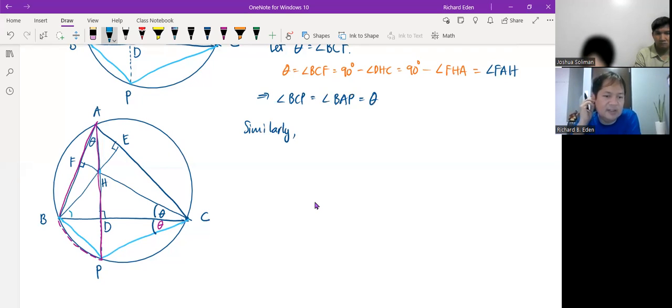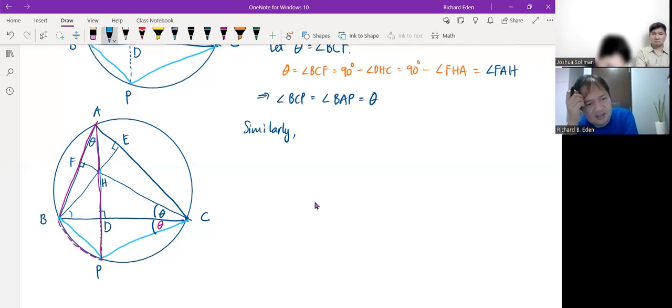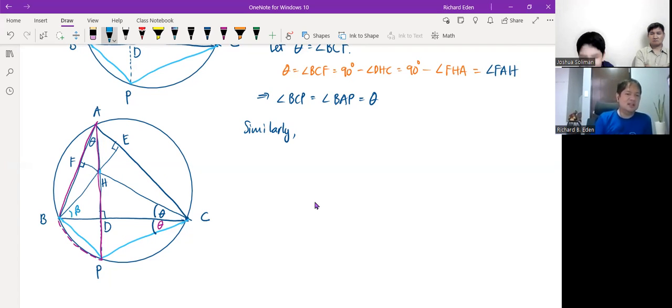Wait, PDC is congruent to which triangle again? HDC. HDC, yes. So BD is H. Similarly, if we call this angle beta, by following a similar argument, can you see beta and delta?